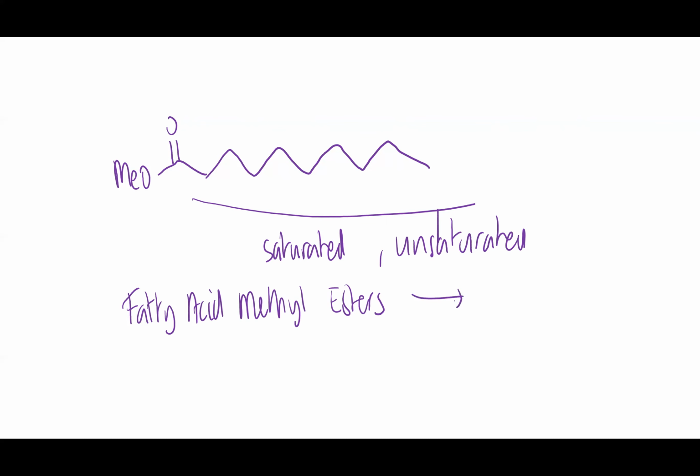And these fatty acid methyl esters are important. If you've heard about taking used vegetable oil and turning it into a fuel called biodiesel, these are the type of compounds that you find in biodiesel, and they do it in a very similar way. But fatty acid methyl esters, or FAMEs for short, are also used if you're doing analysis of fatty acid composition of cells.